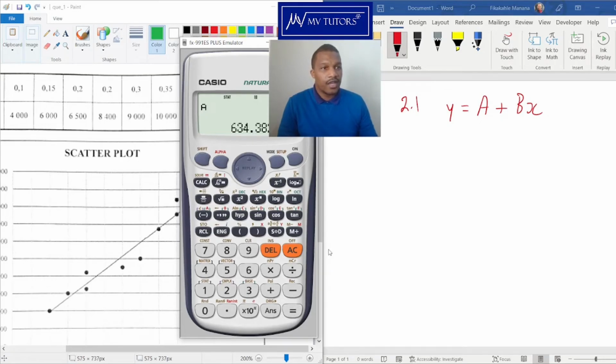Okay, so A is 634.382. Let's just take 3 decimals plus B. Now we need B. Okay, press AC, we go shift, again stat, which is number 1, we go regression, number 5, and then we want the value of B. We just press number 2, and then equals.